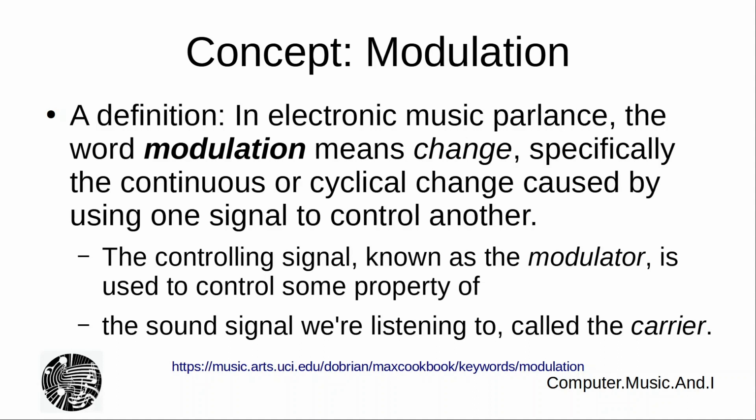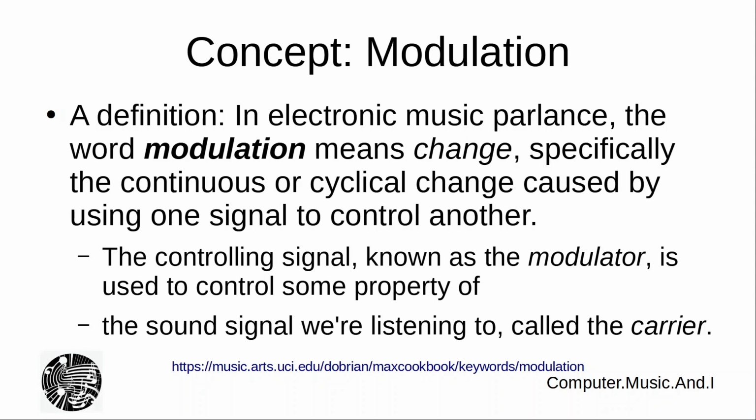In electronic music, we say that we want to modulate something. This doesn't refer to the module as a physical object or UGen. It's a modulation, and modulation basically means change, and very specifically a continuous or cyclical change over time caused by one signal to control another.